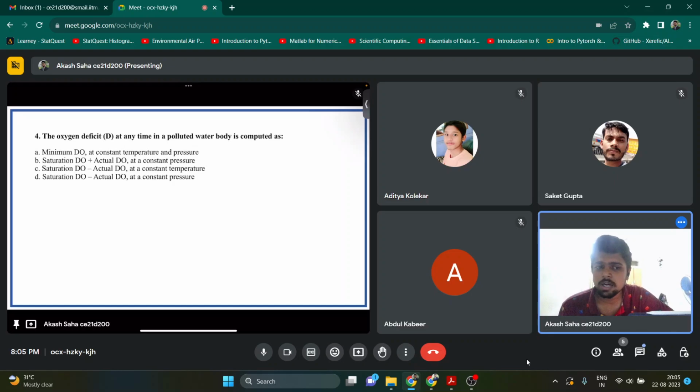Okay. Again, oxygen deficit D at any time in a polluted water body is computed as: minimum DO, saturation DO plus actual DO at constant pressure, saturation DO minus actual DO at constant temperature, or saturation DO minus actual DO at constant pressure.